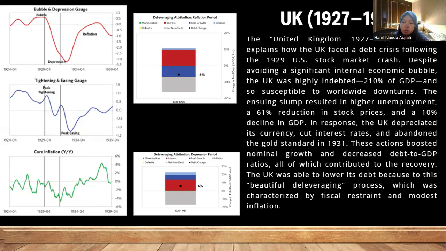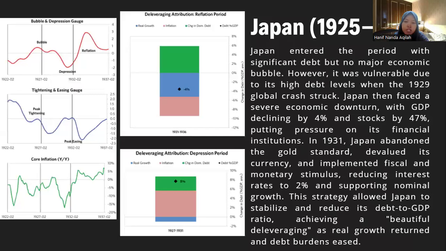In response, the UK depreciated its currency, cut interest rates, and abandoned the gold standard in 1931. The UK was able to lower its debt thanks to a beautiful deleveraging process, which was characterized by fiscal restraint and modest inflation.